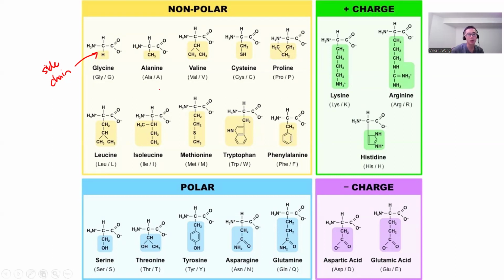Depending on what side chain it has, the property of the amino acid is going to be different. Some of them are non-polar, some of them are polar, some are charged, positively or negatively charged. Now, remember, proteins have C, H, O, nitrogen, and traces of S, sulfur. Of the 20 amino acids, only one of them has sulfur in it. It's this one right here. So that's where the trace of sulfur comes from.